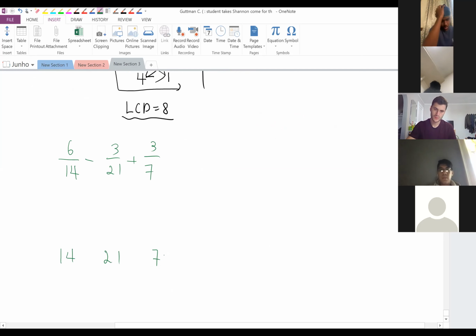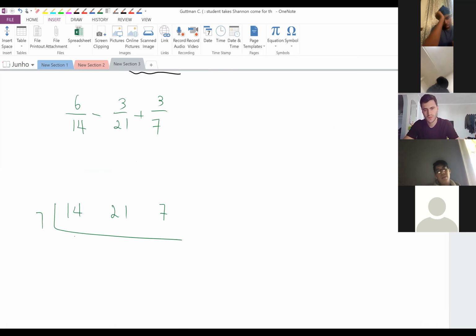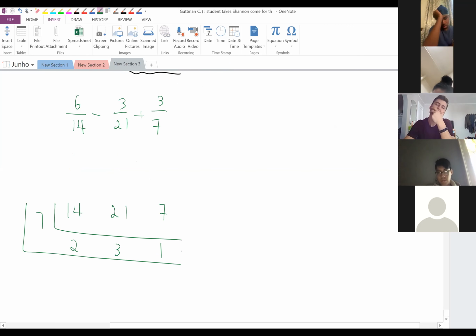What's the common factor for all three fractions, I mean denominator value? 7. So then we can make this 2, this 3, and this 1, right? Makes sense? The common denominator, you multiply like this, then I think 42. Yeah, the LCD becomes 42.